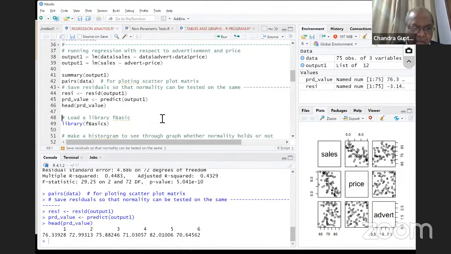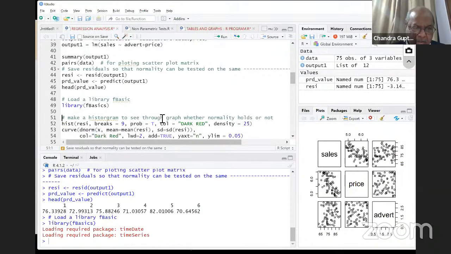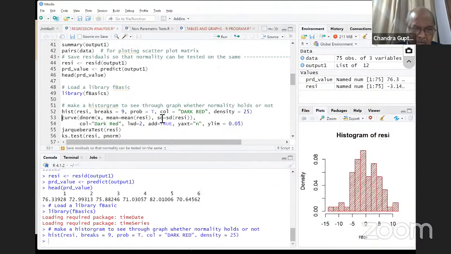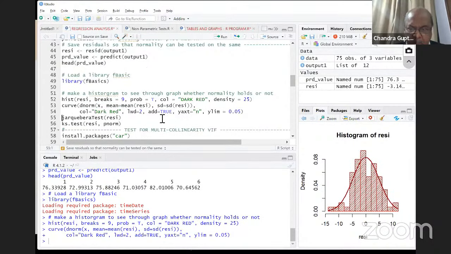Then make histogram of the residuals if you want. And for making the normal distribution in it, you can do the curve here.